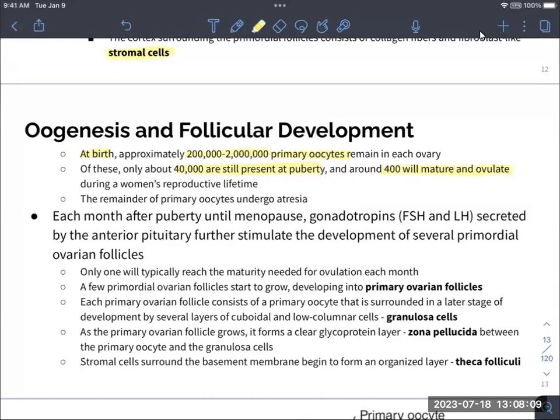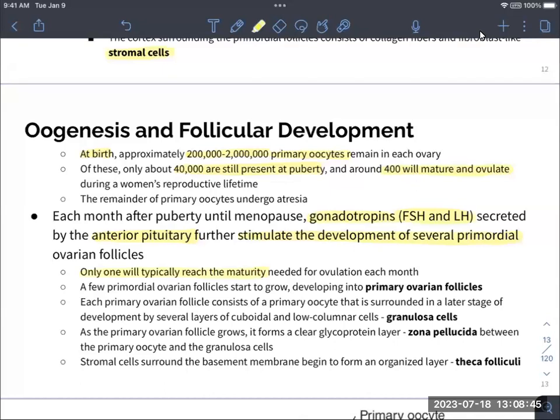So between puberty and menopause, these different hormones, follicle stimulating hormone and luteinizing hormone, also known as gonadotropins, get secreted. And they're going to stimulate the development of several of these ovarian follicles. But only one will reach maturity. Only one of them is actually able to get to the point where it can be released out.